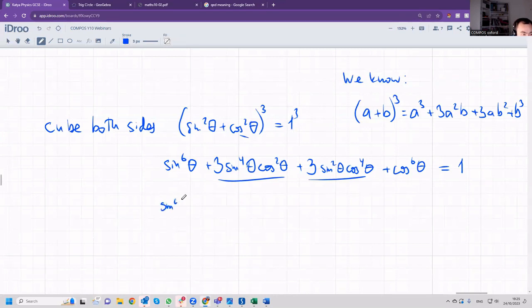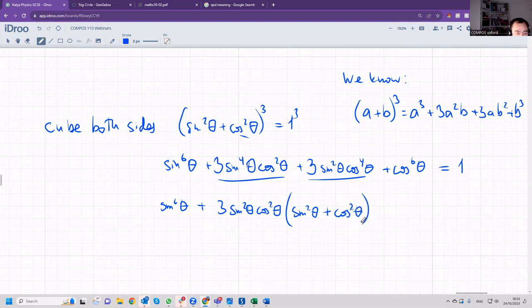Now I can take sine squared theta cos squared theta out of the brackets, and inside the brackets I'm going to have sine squared theta plus cos squared theta. Ooh, beautiful.